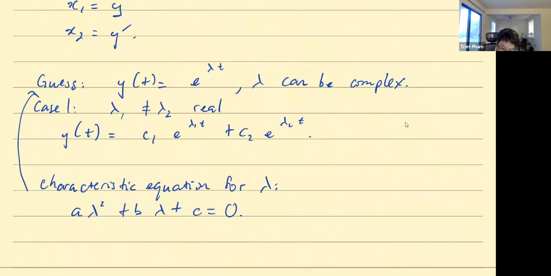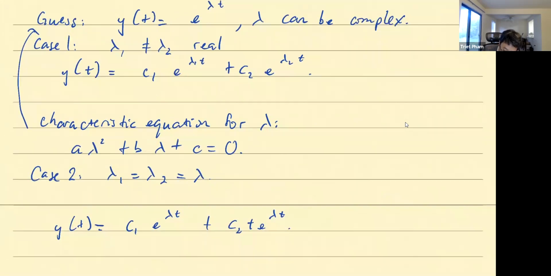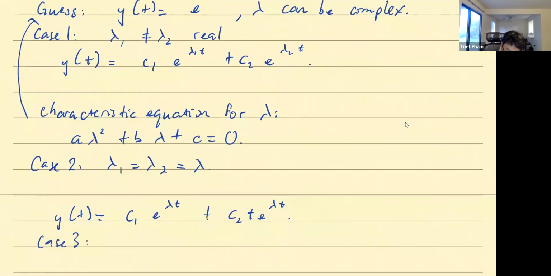Case 1 is when the discriminant is positive, then you have 2 real roots. Case 2 is when you have repeated roots. Then the solution will be c1 e to the lambda t plus c2 t e to the lambda t. Case 3 is when you have 2 complex roots.